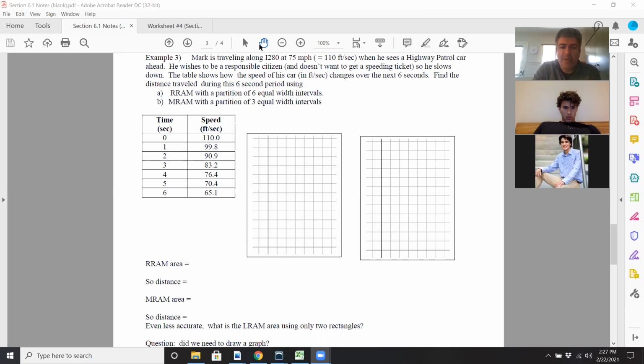Okay. So Mark is traveling along I-280, Highway 280, at 75 miles per hour, or we'll say 110 feet per second. We see the CHP car ahead. In fact, if you don't know, if you head north on 280 towards Hillsborough, getting on 280 from, say, Woodside or Edgewood Road, before you get to Highway 92, there's usually a ramp where the cop tends to hide, just so you know.